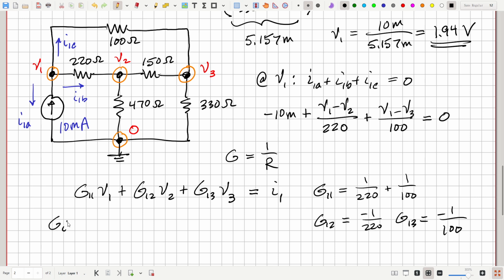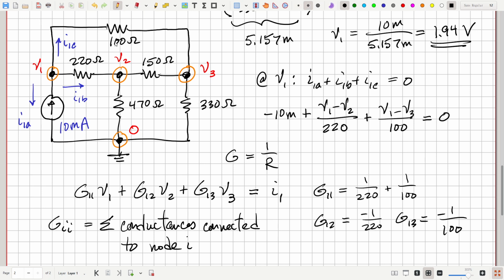In general, Gii is the sum of conductances connected to that node, to node i. So we'd expect here at V2, we should get 1 over 220 plus 1 over 150 plus 1 over 470. At V3, we should get 1 over 150 plus 1 over 330 plus 1 over 100, and we'll see how that works out.